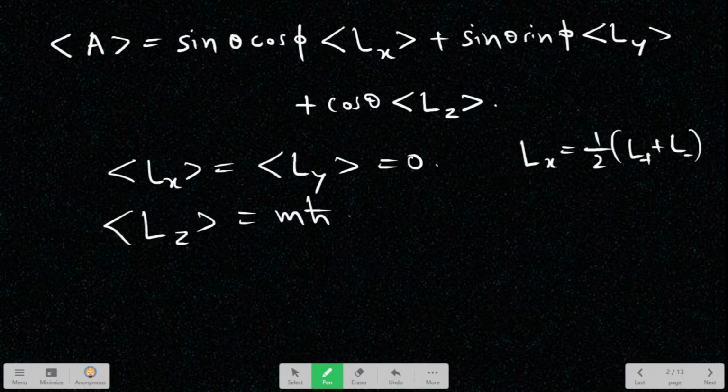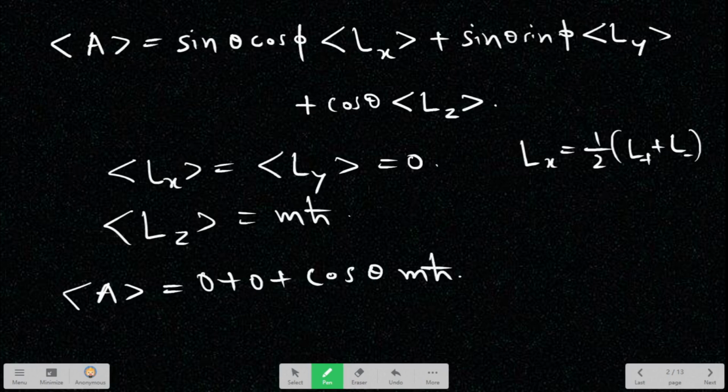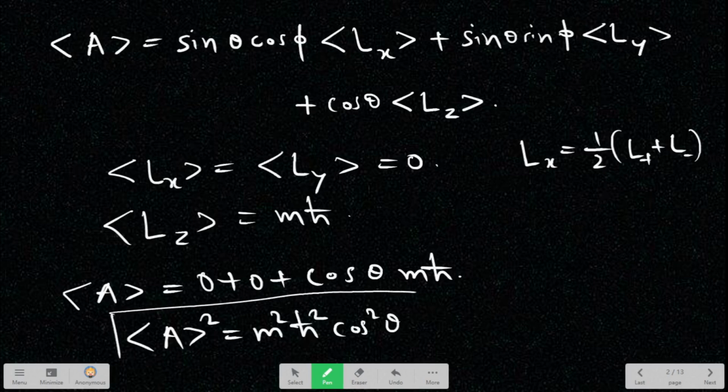So if you put these things, then you will get that the expectation value of A is equal to sin theta, first two terms will become 0, cos theta m h bar. Therefore expectation value of A square is equal to m square h bar square cos square theta. I want you to keep this in mind. We will use it later.